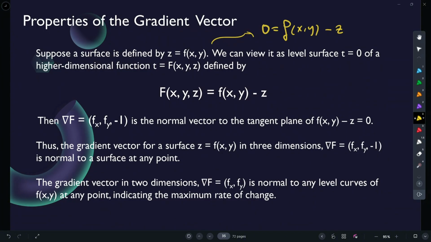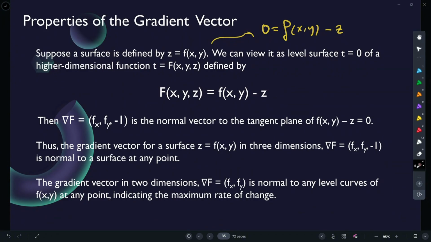And now think of that as a function of 3 variables. Then I can take a level surface at t equals 0 to get this surface. So this is a level surface for this function of 3 variables.